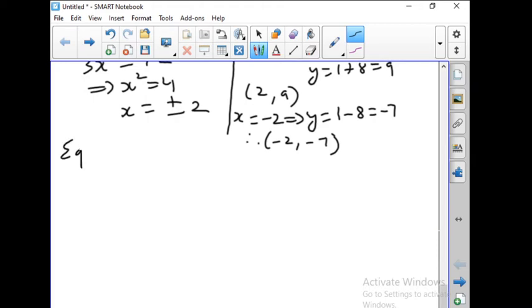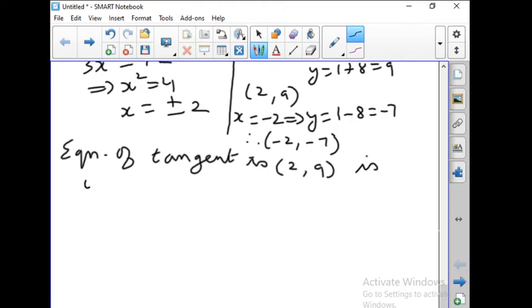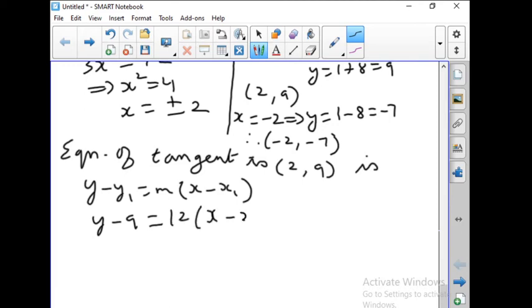So equation of tangent at the first point 2 comma 9 is, what is it? y minus y1 is equal to m into x minus x1. So substitute, y minus 9 is equal to m, which is 12, into x minus 2.